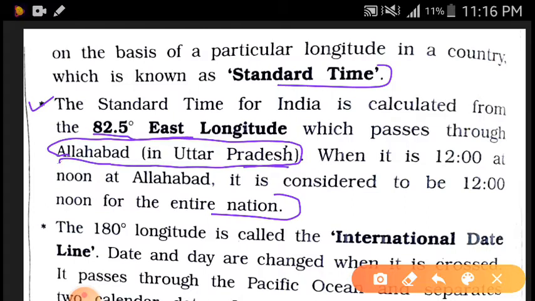And when it is 12 o'clock noon in Allahabad, the whole country has to keep that time according to that place only. That is the standard time of any country, and for India, Allahabad is taken as the center. Now let us move forward to the next point.